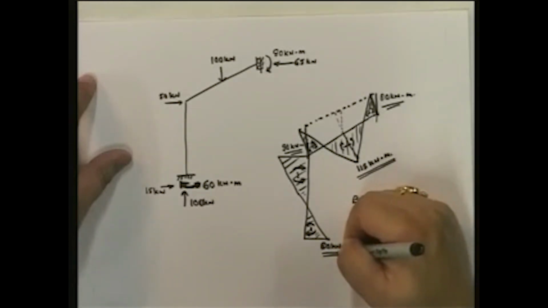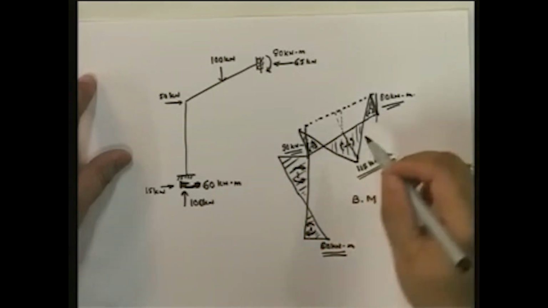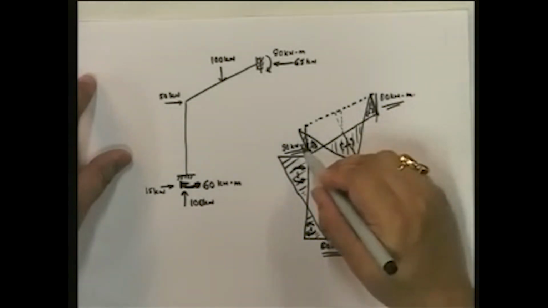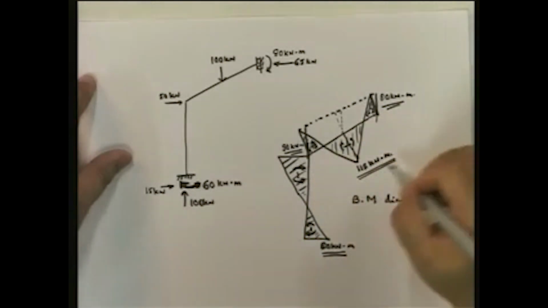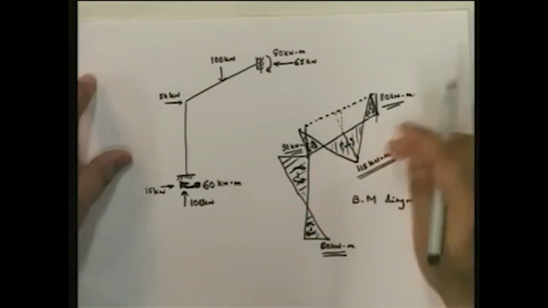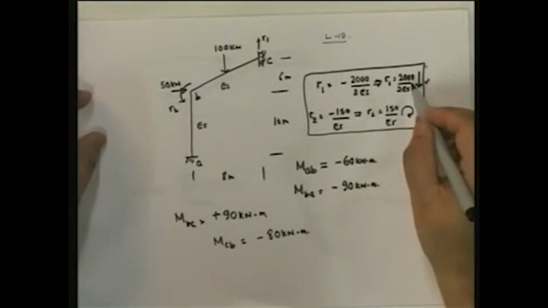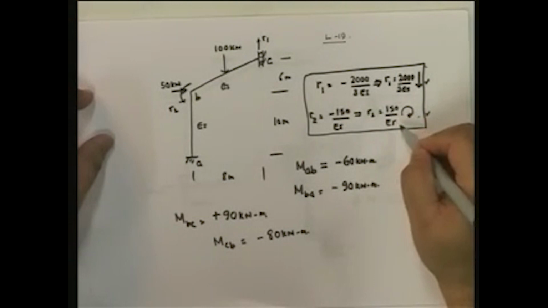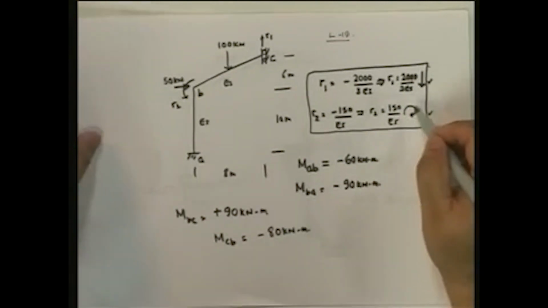On the right hand side it is 60, on the left hand side it is 90. Here on the top it's 90, on the bottom it's 115. And what are the displacements? Displacements are 667 upon EI and 150 clockwise, downwards and clockwise.